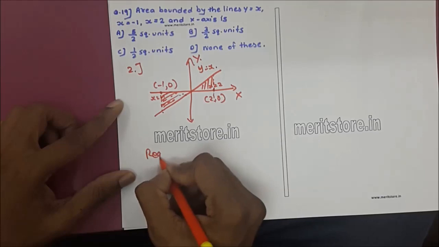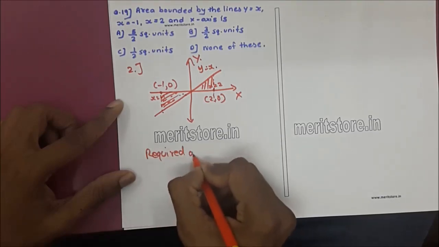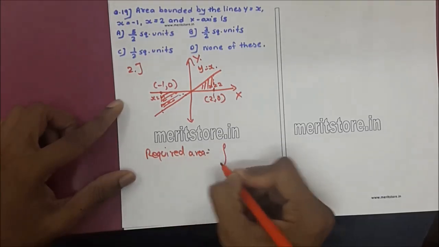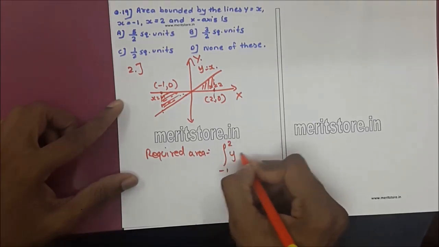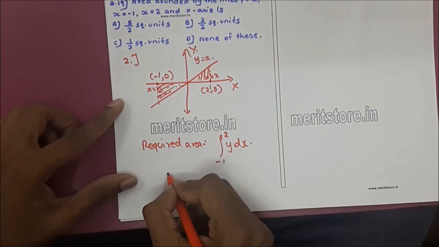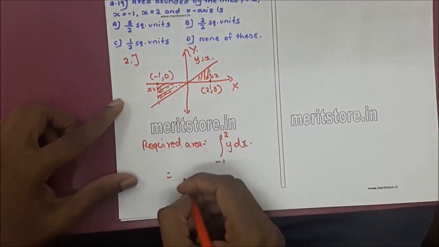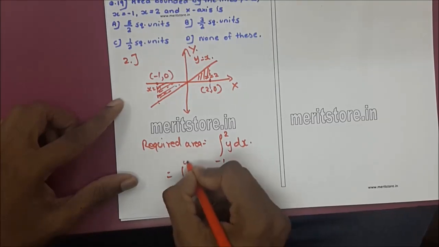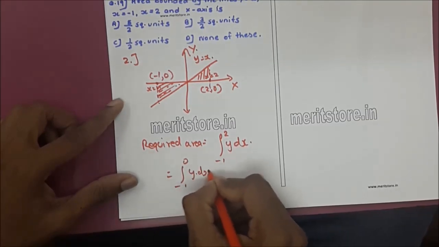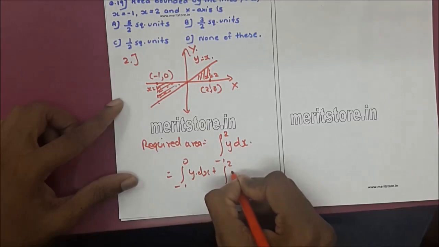So the required area, which is integral from minus 1 to 2 of y dx, we take the property, that is integral of y dx from minus 1 to 0 plus integral of y dx from 0 to 2.